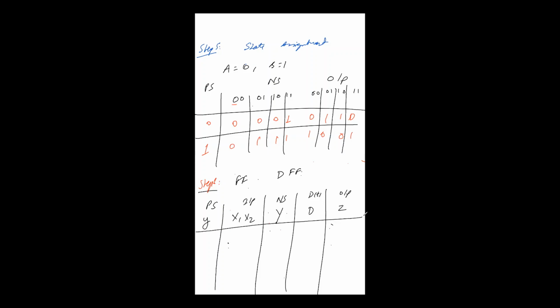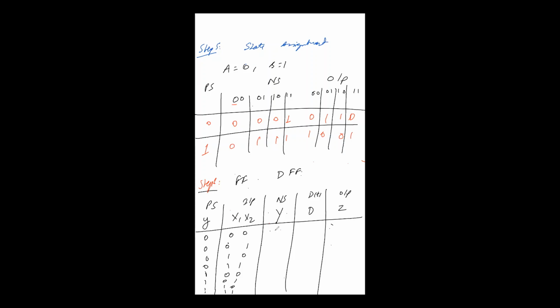Okay, present state can be 0, input can be 00, 01, 10, 11. Present state can be 1, with inputs 00, 01, 10, 11. Right. So both the states are 0.